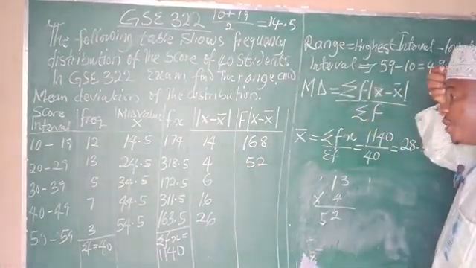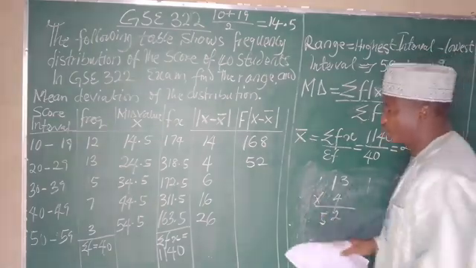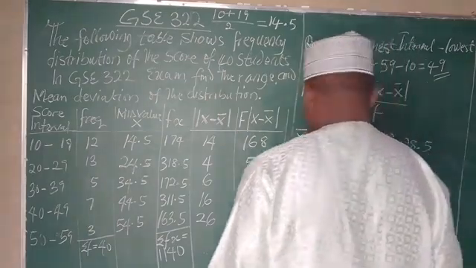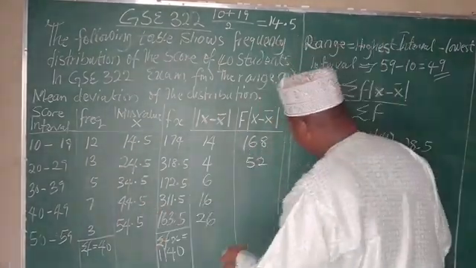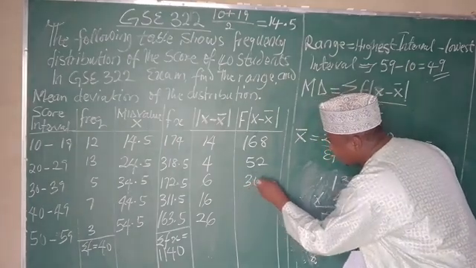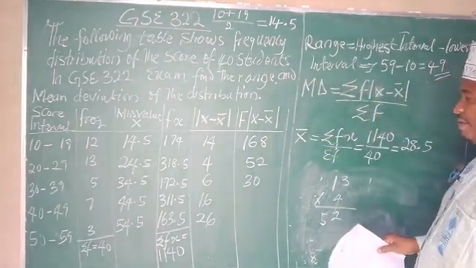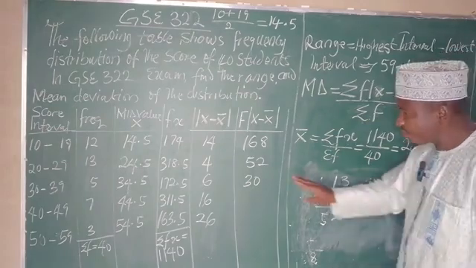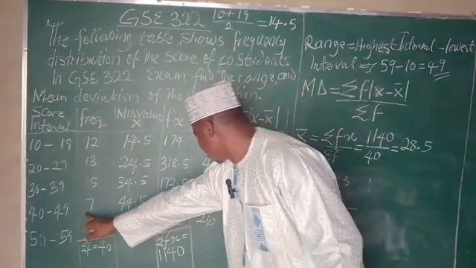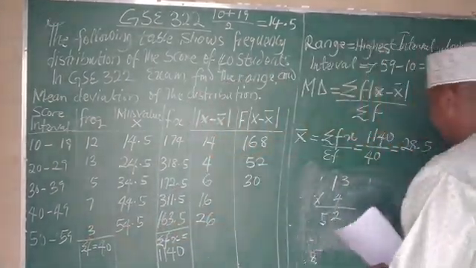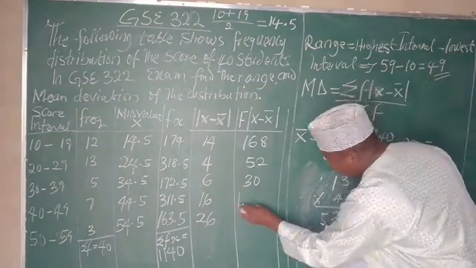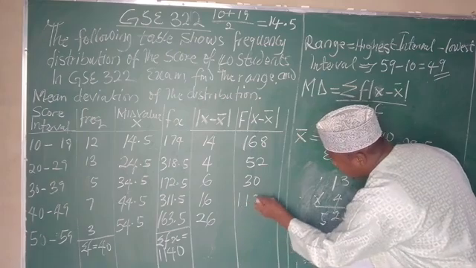Then the third one, you follow the same process, which is 5 times 6. This is very simple. 5 times 6 is going to give us 30. The next one is 7 times 16, which is going to give us 112.